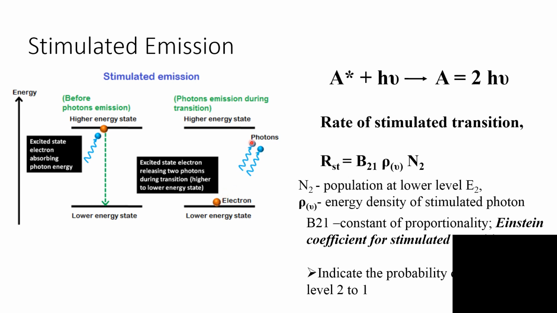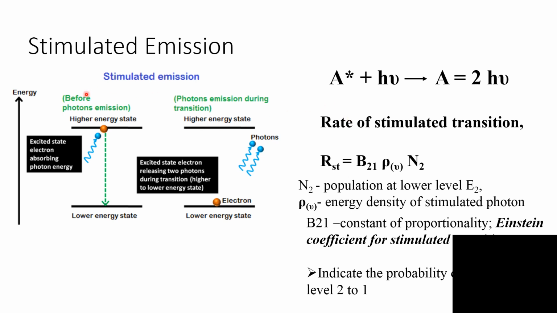The first is the stimulating photon, and the second photon is from the electron's return to the ground state. So in stimulated emission, we get two photons: the initial photon and the stimulated photon. By this stimulated emission, we can amplify the number of photons.